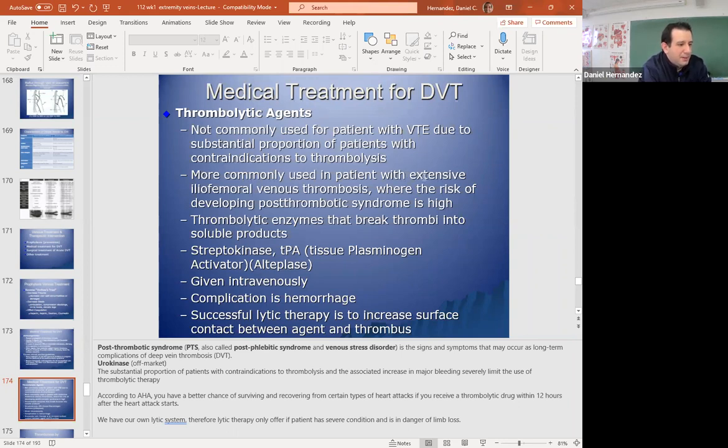It's more commonly used in patients with extensive iliofemoral venous thrombosis, where the risk of developing post-thrombotic syndrome is high. These thrombolytic enzymes break down the thrombi into soluble products. These are the names of some of these thrombolytic agents, like TPA or streptokinase. These medications are given intravenously, and they do run a risk of the patient developing hemorrhage.